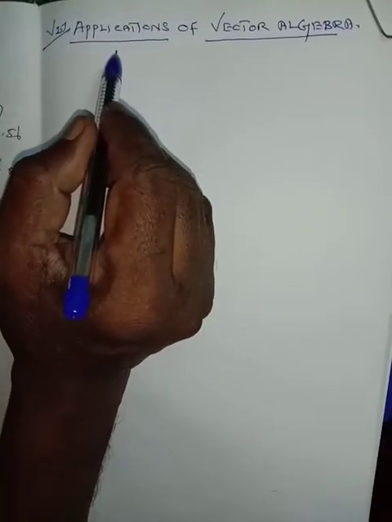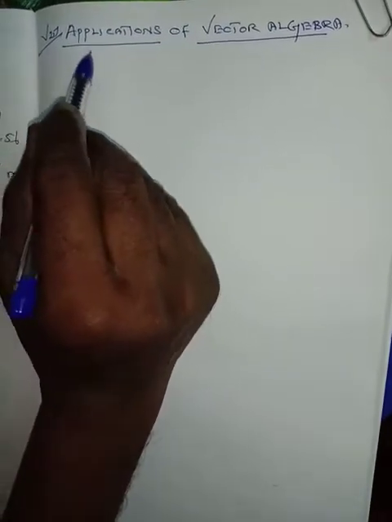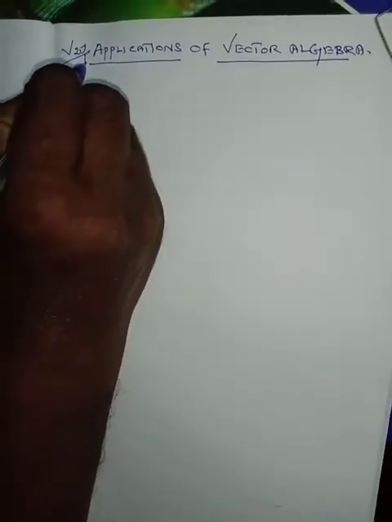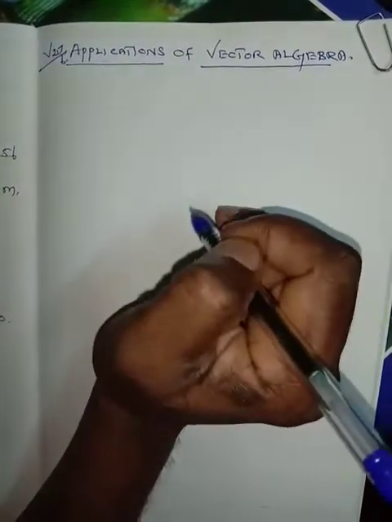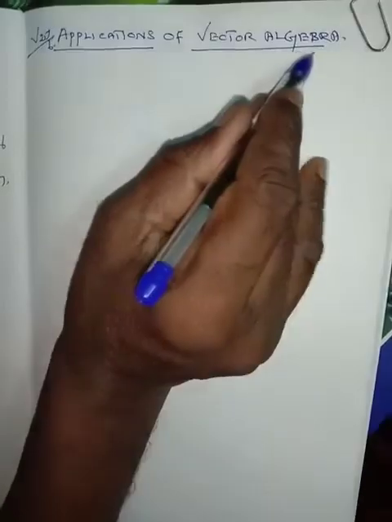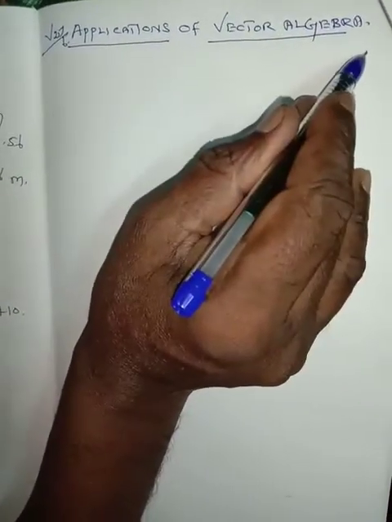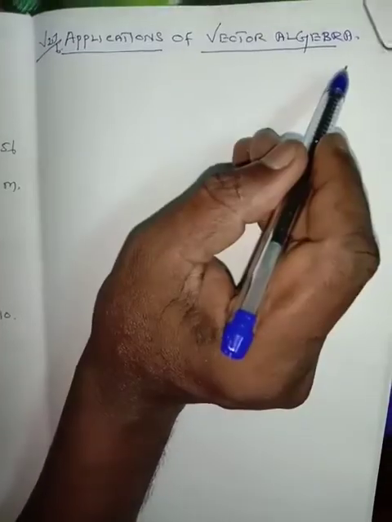Okay. Good morning, students. Today's topic is lesson number 6, applications of vector algebra. We have already studied two operations, addition and subtraction, in class number 11.